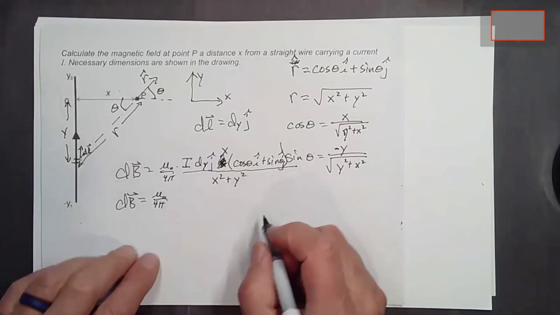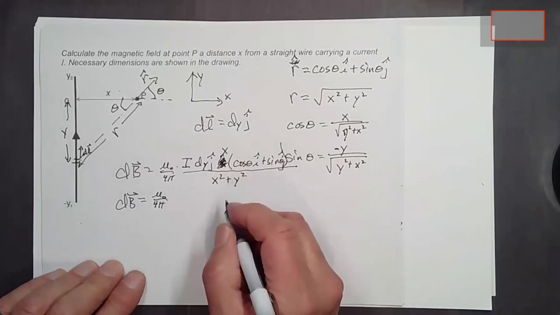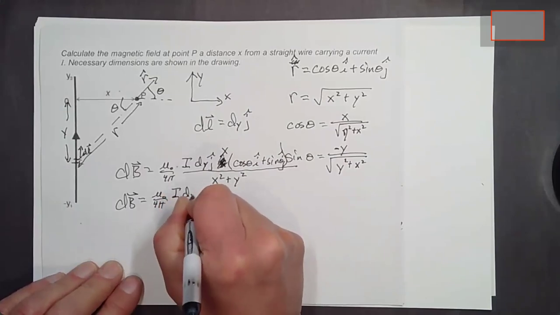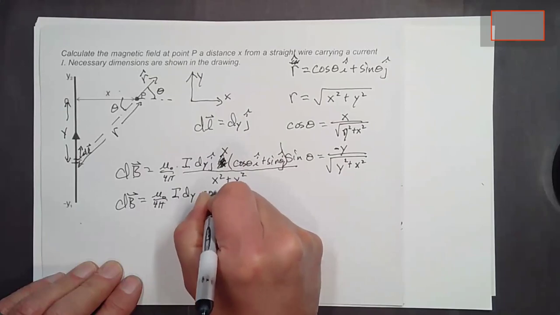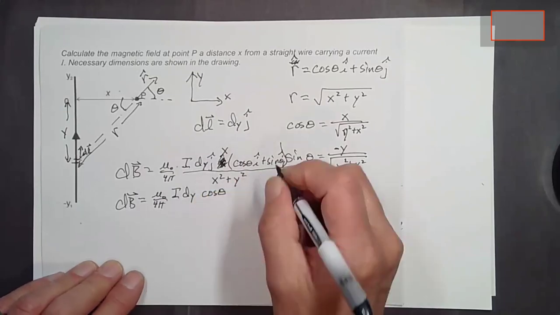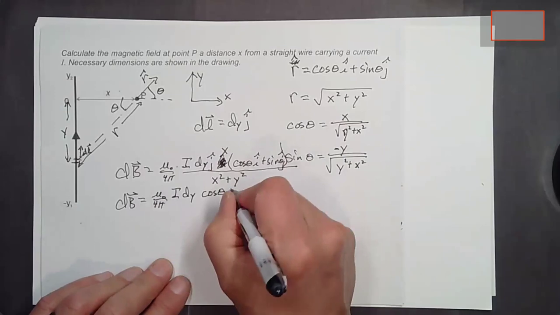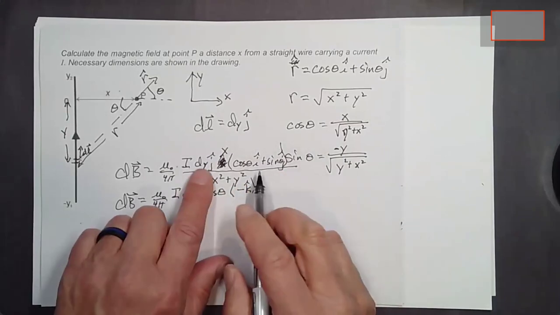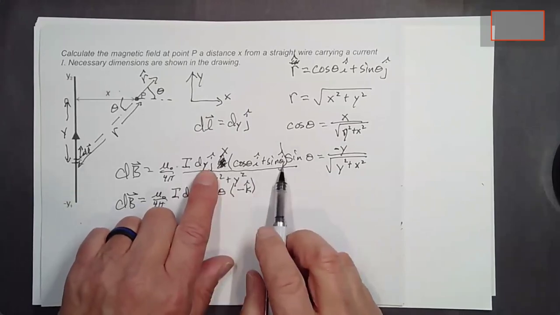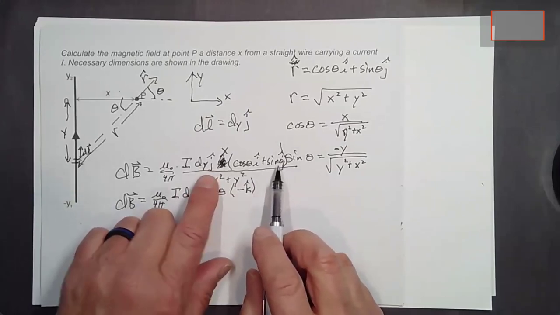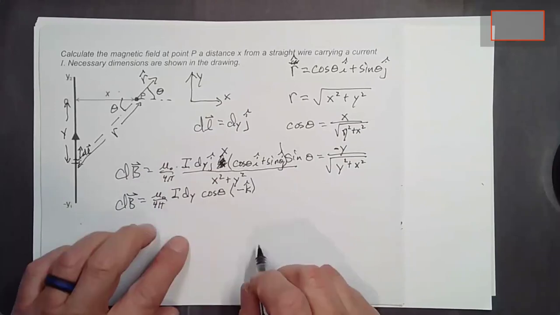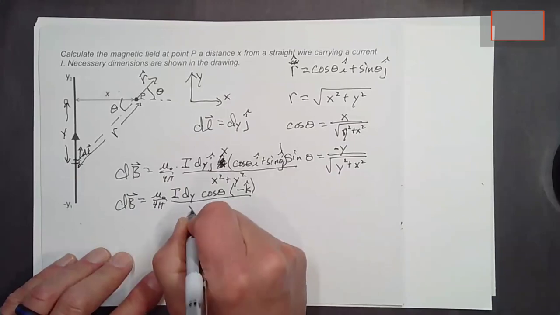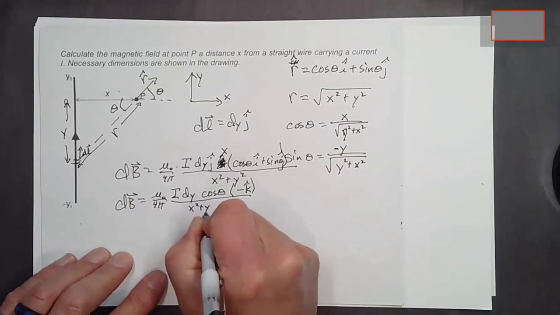So that'll be that, but I will have I dy cosine of theta, and then the j hat cross i hat will be the minus k hat direction. So I'm going to save that. The j hat cross j hat part vanishes, so I don't have that. I'll only have this, and I've got I dy cos theta divided by x squared plus y squared.